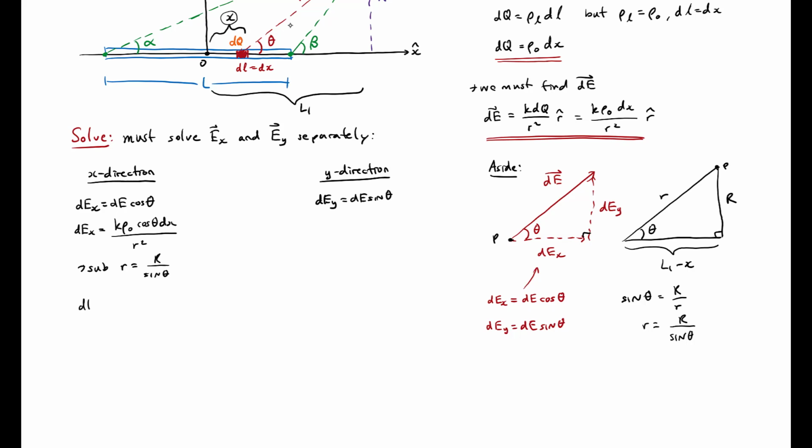So I have dEx equals k rho naught cos theta dx divided by R squared over sine squared theta.